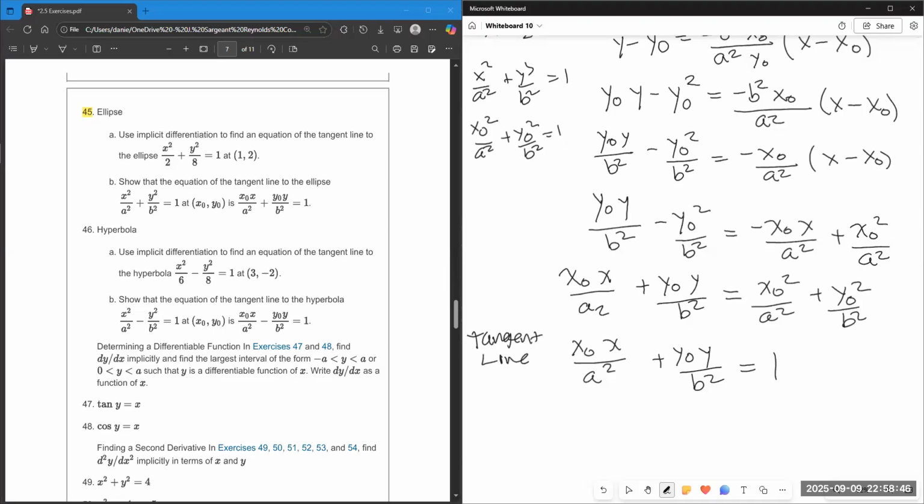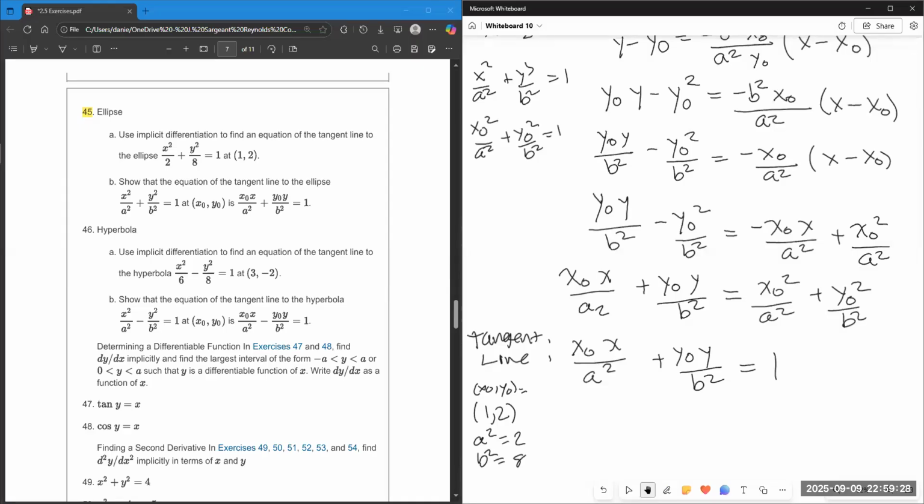And just for fun, let's look at what we had for part A and prove that it works here. So we have the point 1, 2. That's my x naught, y naught here. And I told you before that my a squared was equal to 2, and my b squared was equal to 8.